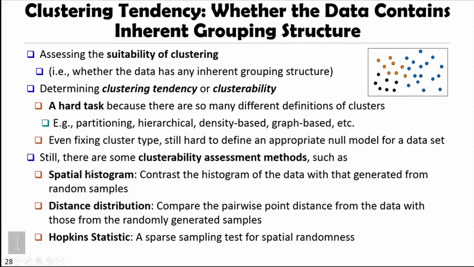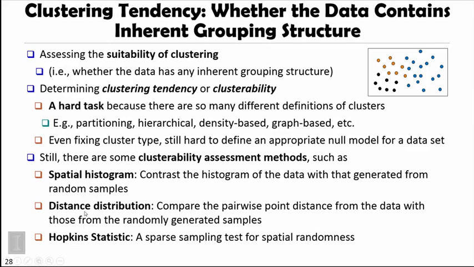For example, there are methods like the spatial histogram method, the distance distribution method, or the Hopkins statistic. The general philosophy is they try to compare their measure with the measure generated from random samples to see whether they are rather different. For the spatial histogram method, it tries to contrast the histogram of the data with the histogram generated from the random sample to see whether they are rather different.